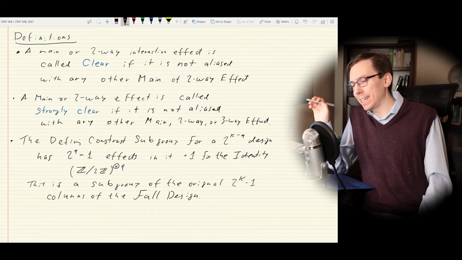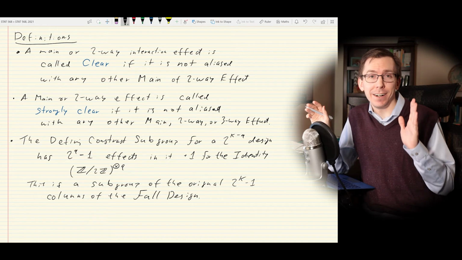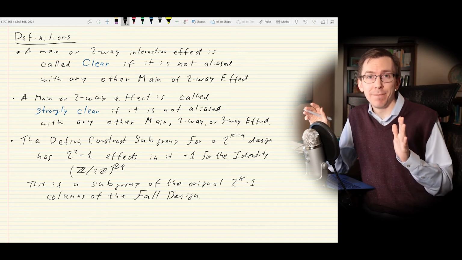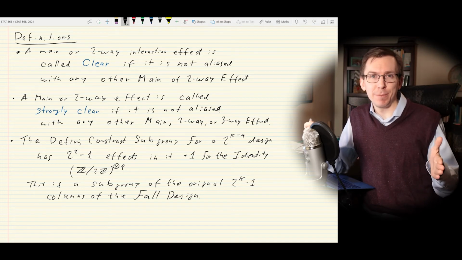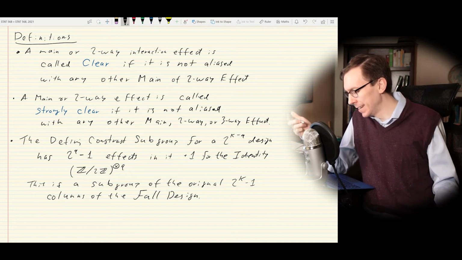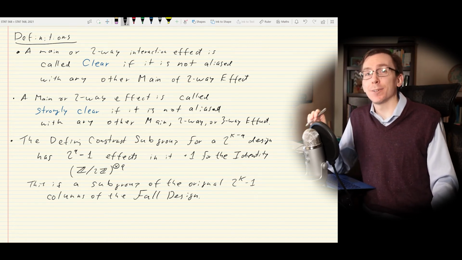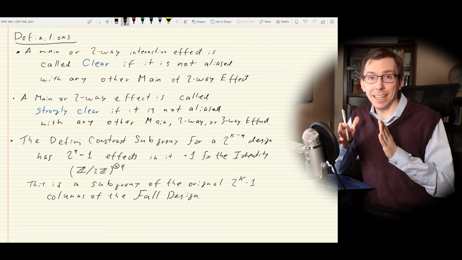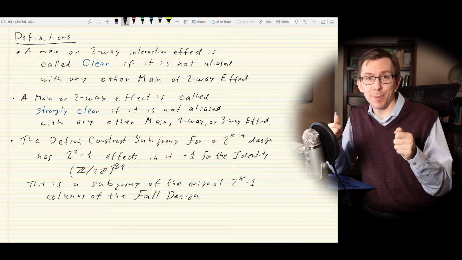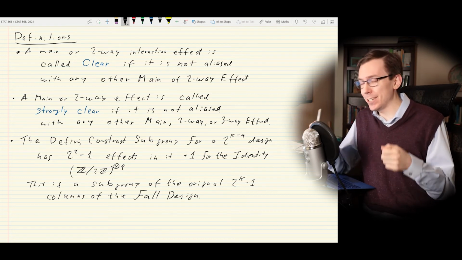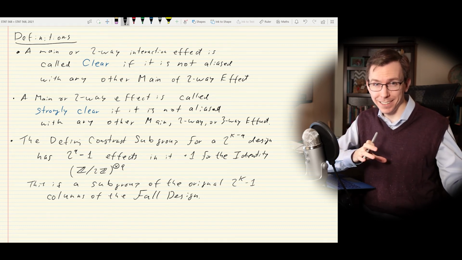If you recall from the last lecture, I said that if you have a full factorial design, you can think of all the columns as the individual elements of a mathematical group. And then we also would include another column, the all ones column, for the identity. Now, this defining contrast subgroup is a mathematical subgroup that lies within, because we're basically taking certain columns and considering the case where they're only ever set to be a certain value, and that's kind of aliasing them with the identity, right?